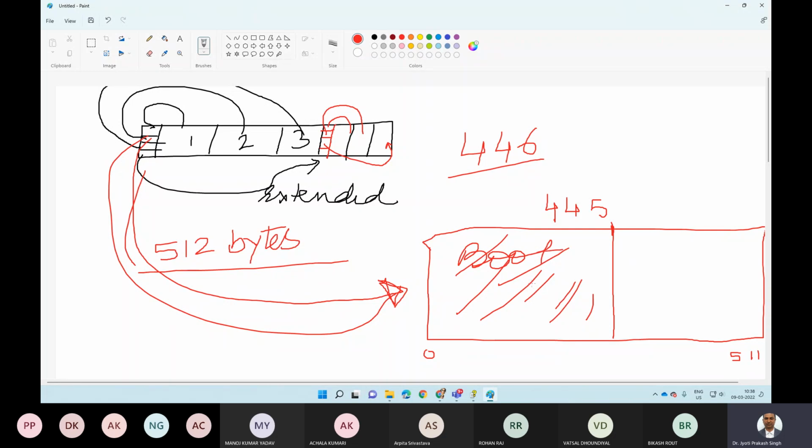So if it is a bootable disk, the booting sequence will be stored here. What is needed for booting will be kept here.